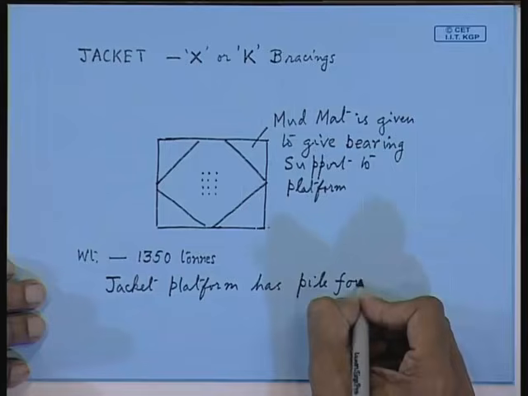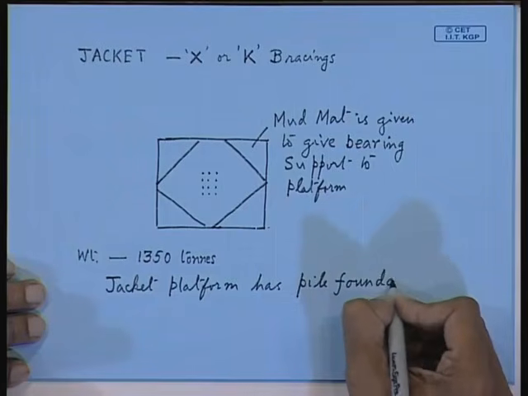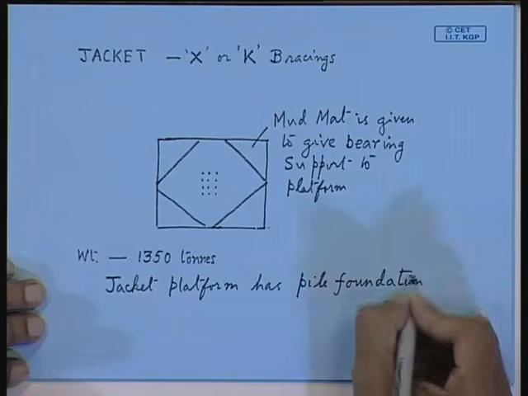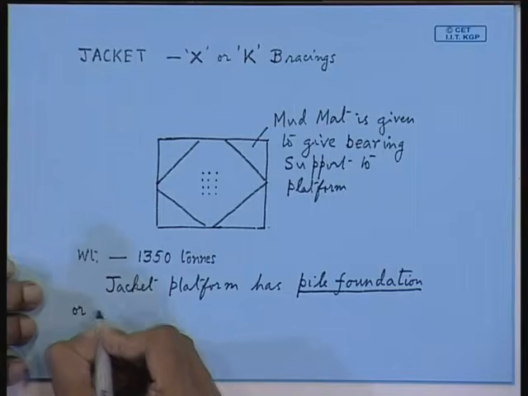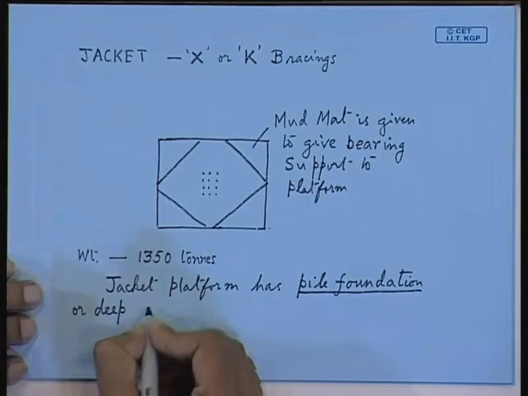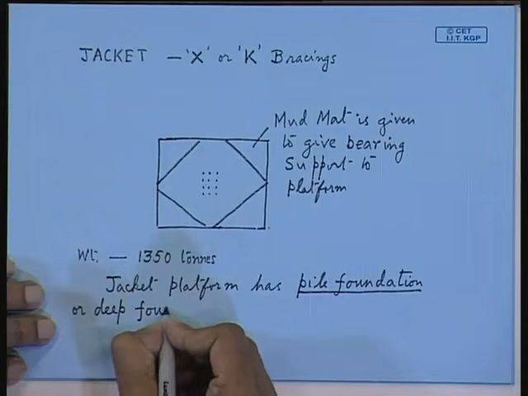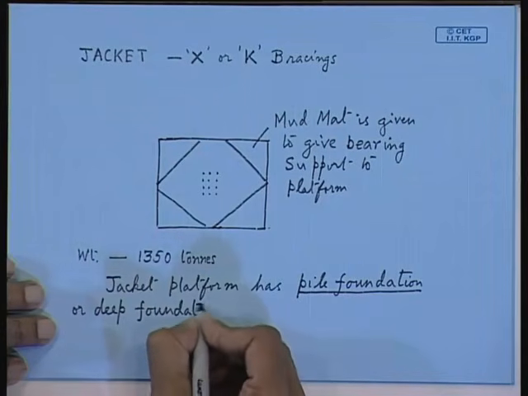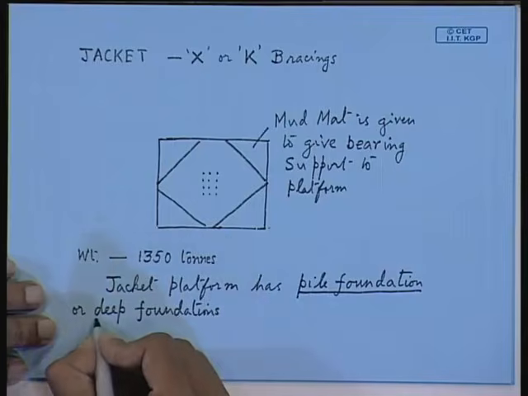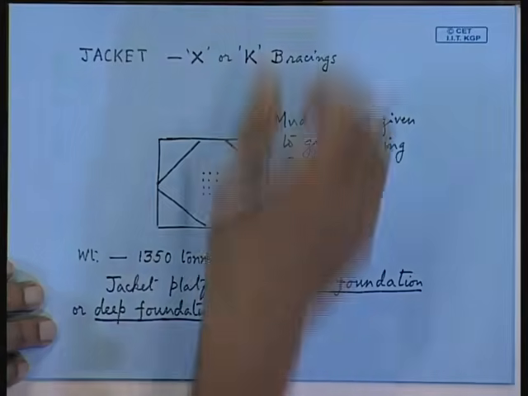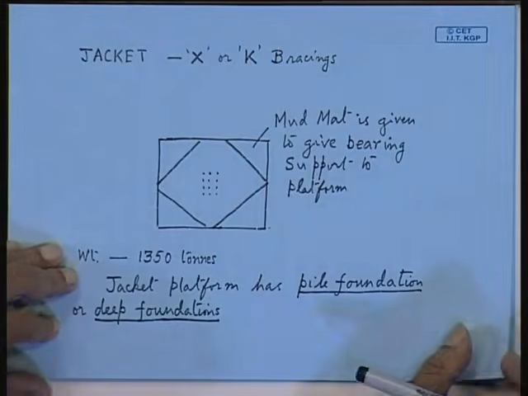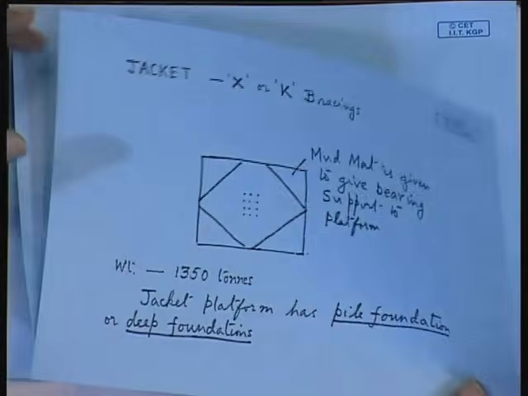In civil engineering, actually they are more comfortable with this term, that is they call pile foundation, or sometimes these pile foundations are also called deep foundations. A pile foundation is another term for a deep foundation. Why? Because the piles are literally driven, say 20-30 meters into the seabed. So, that is why it is called a deep foundation.